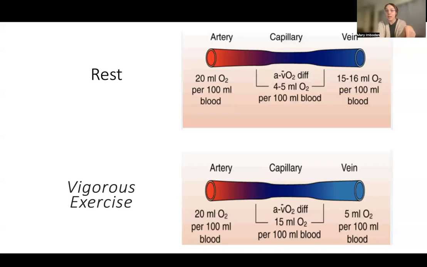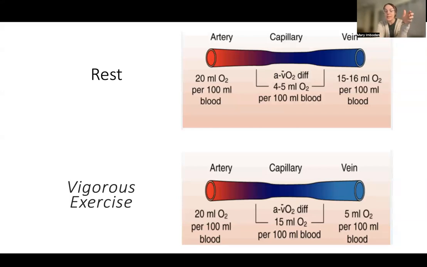And what you're seeing here is 20 milliliters of oxygen per 100 milliliters of blood, again, on the arterial side. That's good. That's what we want to see. But on the venous side, now we've extracted more oxygen from the blood to be used to create ATP. So we only have 5 milliliters of oxygen per 100 milliliters of blood coming back to the heart.